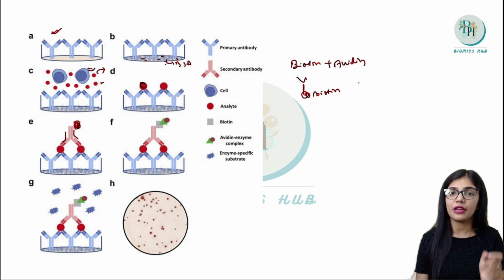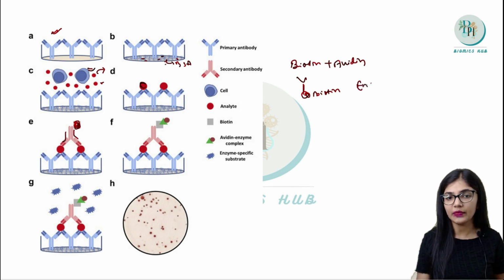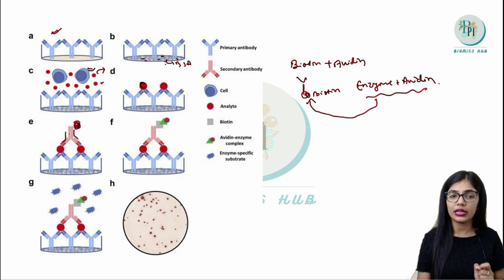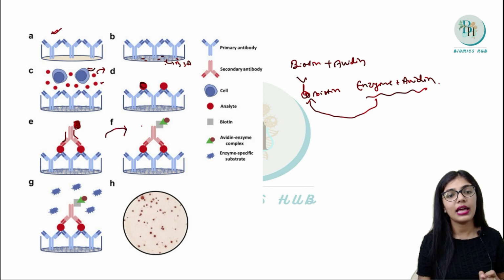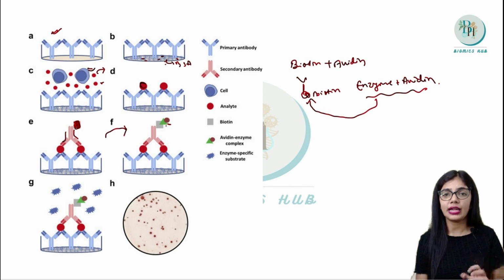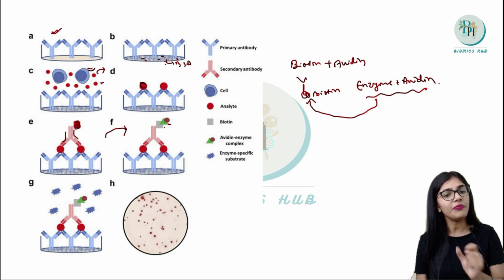Now the enzyme which will be added is coated with avidin. So this enzyme and avidin can bind with this antibody which is linked with biotin. Here we can see that this secondary antibody is linked with the biotin. In the next step, the enzyme is added, and it is coated with avidin because it can bind with the antibody, as the antibody has the biotin.